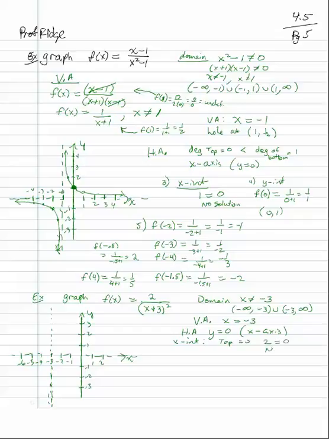Well, that's no solution, so there are no x-intercepts. Y-intercept, we're going to put in 0. So that's 2 over 3 squared, so that's 2/9. So the y-intercept is (0, 2/9), right about there.